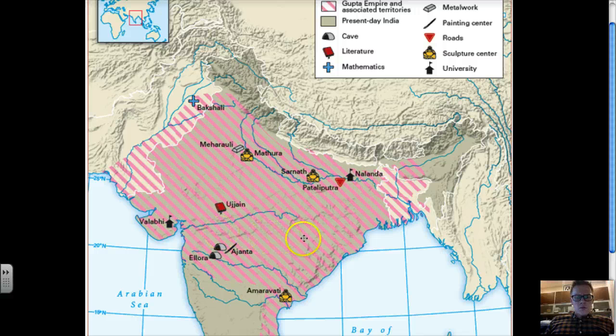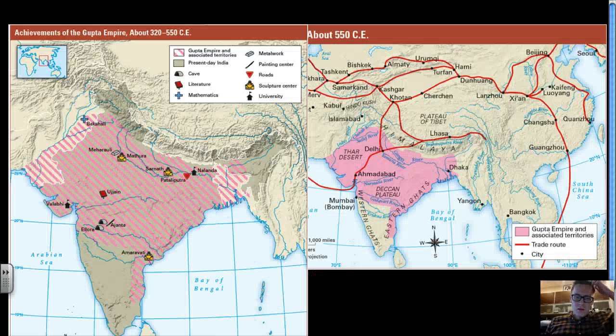So what I wanted to do to finish off the lesson, we've looked at the Gupta Empire, we looked at the major cities of the Gupta Empire, and what some of their special achievements were. Now what I want to do is I want to compare that map that we were just looking at with a map that has some modern cities on it. So today we look at Delhi as one of the major cities, and we have the Gupta Empire building trade routes.